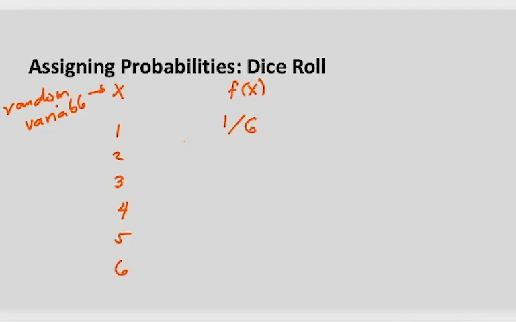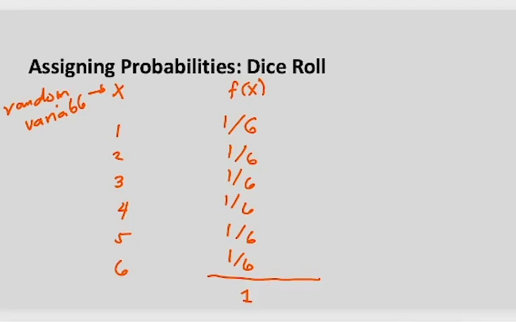Same goes with the number 2, that is 1 over 6, as well as the other possible values. So this is the probability of each value to come out in a single roll of a common die. Adding all of the probabilities will give us a value of 1 or 100%.